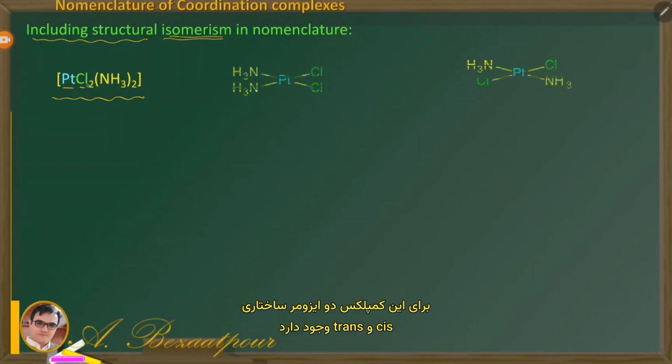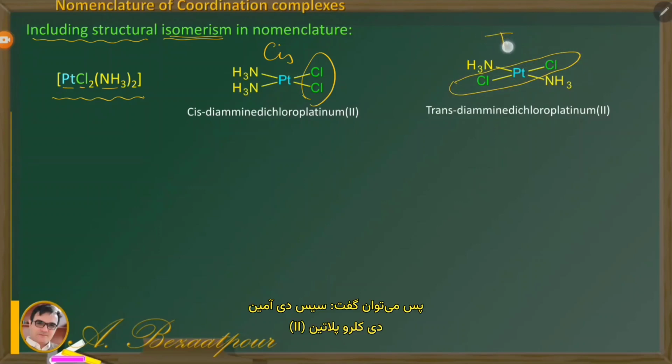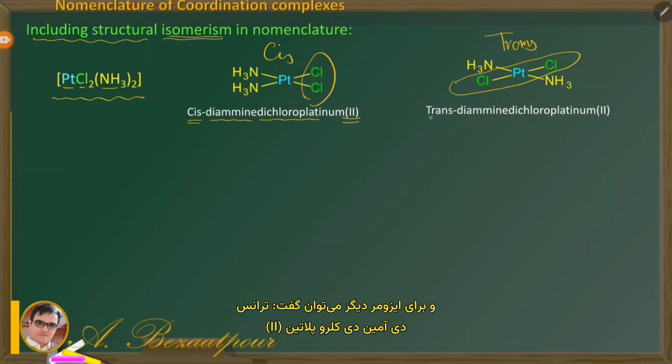PtCl2(NH3)2. For this complex, there are two cis and trans structural isomers. Then we can say cis-diammine dichloroplatinum(II). And for the other isomer, we can say trans-diammine dichloroplatinum(II).